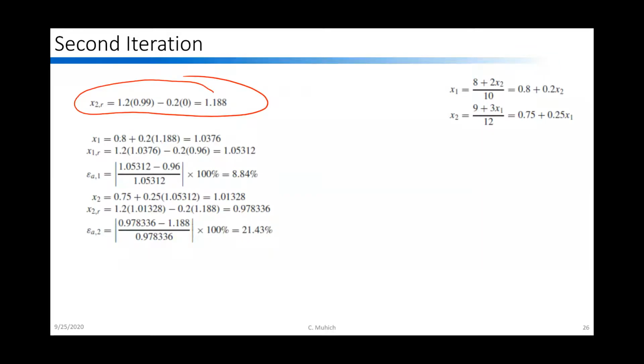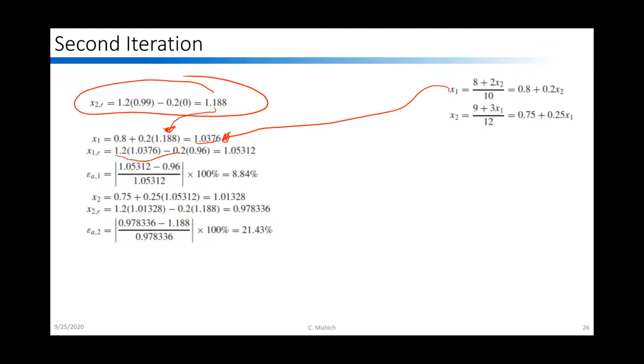Here we're still doing Gauss-Seidel, so when I pull this x1 equation down here, I'm going to use my new guess for x2, so that 1.88. And so this is going to bring us to 1.0376. Already we can see that we're starting to converge relatively quickly.